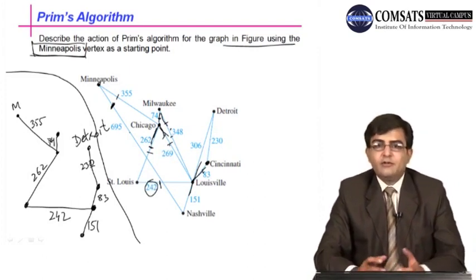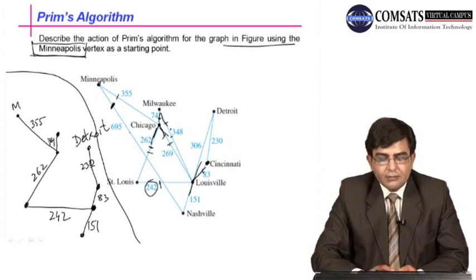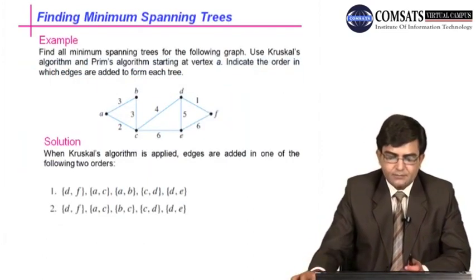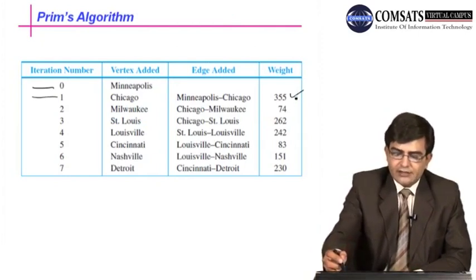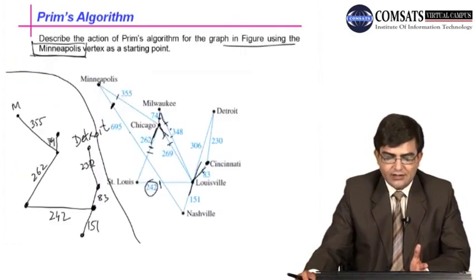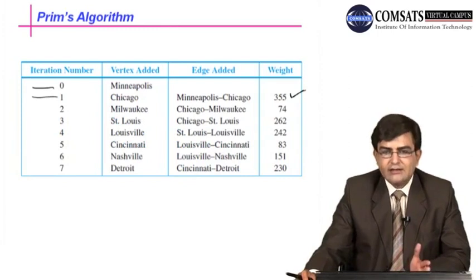So with the help of Prim's algorithm, this is how we can obtain the minimum spanning tree. The result is basically here. First we add 355, then we add the edge which has weight 74, then 262, then 242, then 83, then 151 and 230.